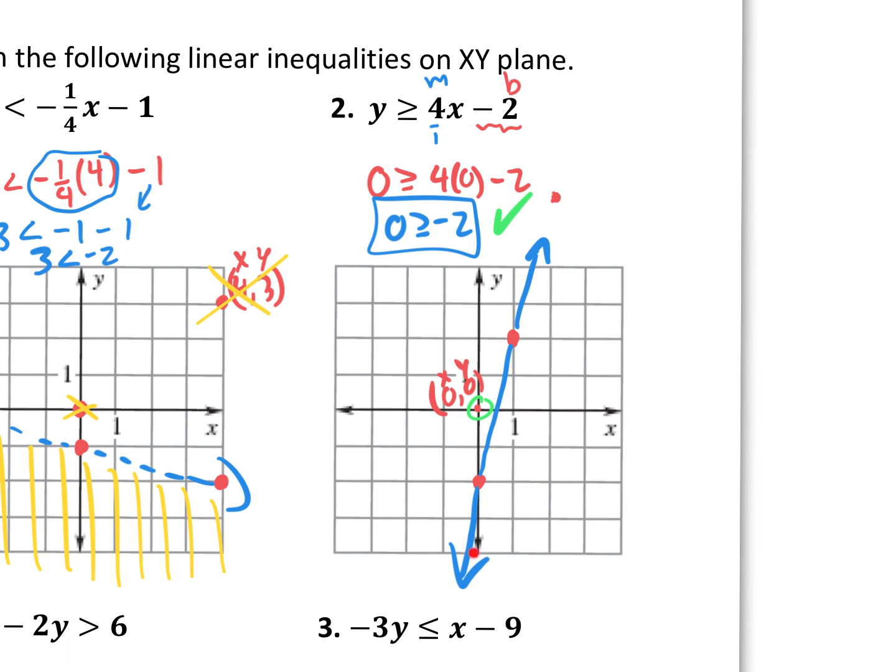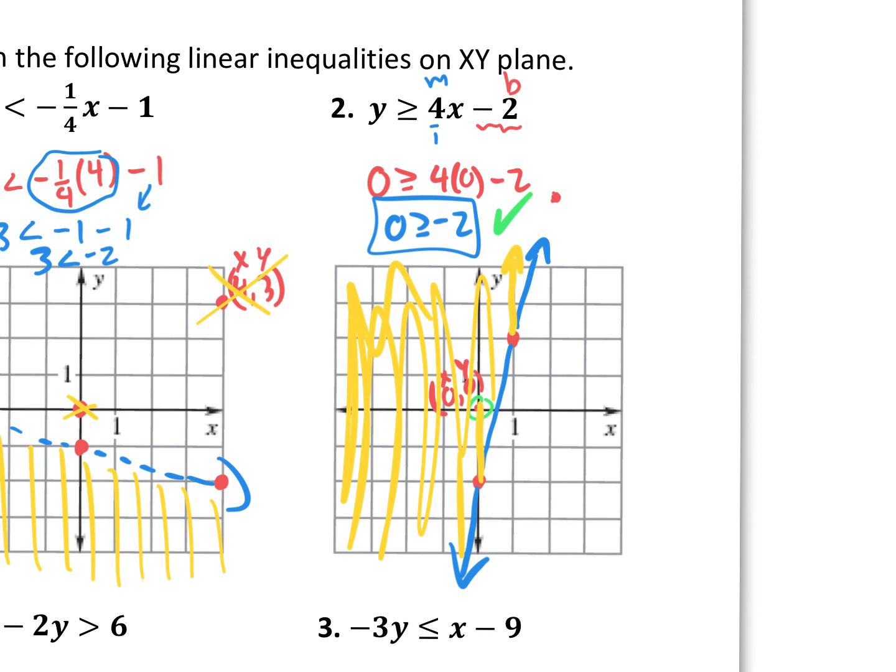So if you go to any point on this line, let me go to this dot right here, this red dot, and I want to go greater than on the y, which way would that be? It'd be above. So all you have to do is shade above that line. And obviously that's going to be everything on this side. So you would shade everything on this side.